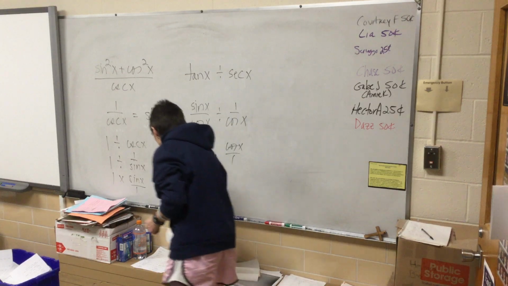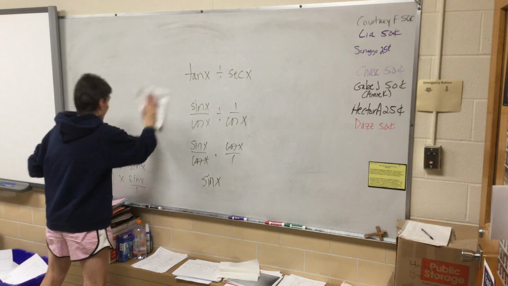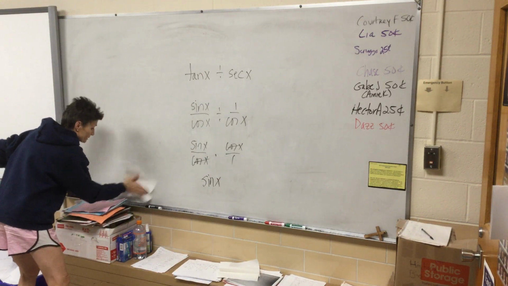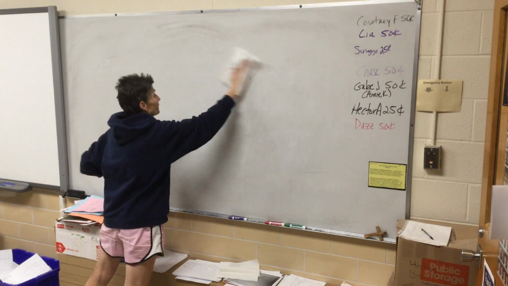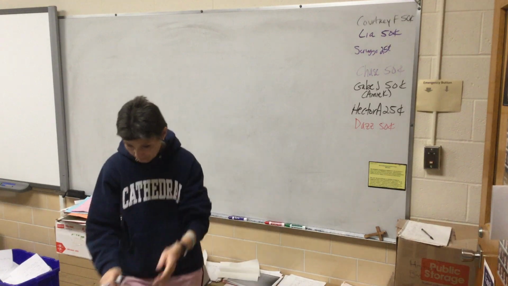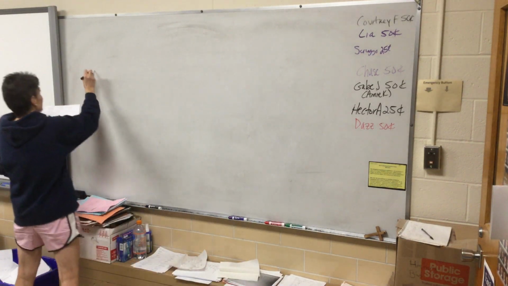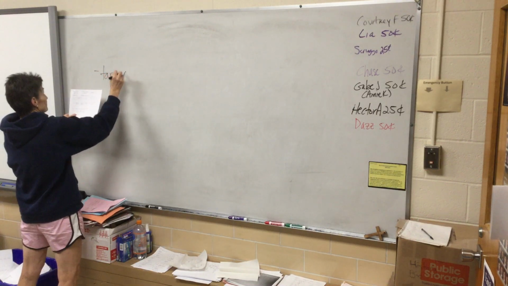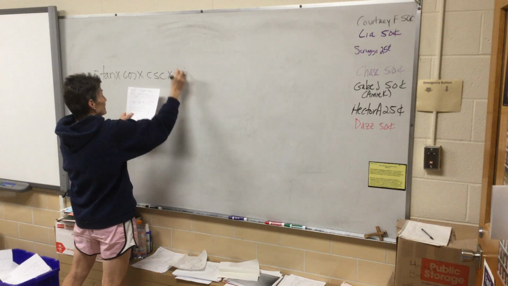Okay? All right, now look at the next one. What do you think we're going to do with the next one? We did some of these yesterday, or the other day. Think about that for a second. What do you think we're going to do? We're gonna turn tangent into sine over cosine.